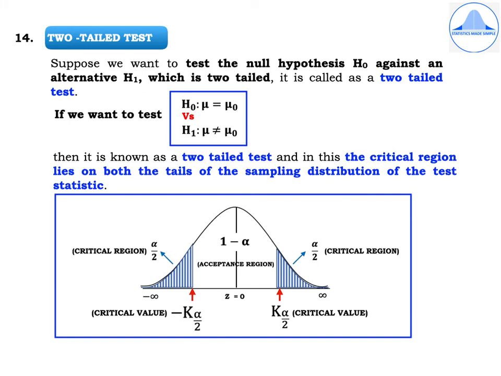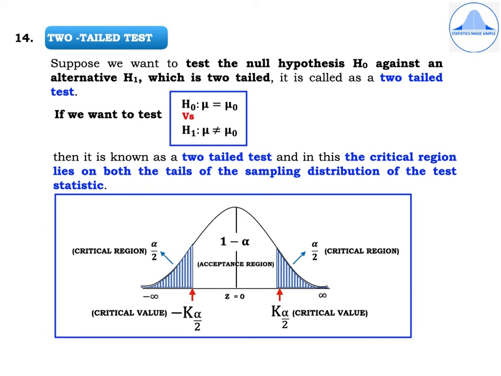The 14th definition is a two-tailed test. Suppose we want to test the null hypothesis H0 against an alternative H1 which is two-tailed. It is called a two-tailed test. For example, if I want to test H0: mu equal to mu naught versus H1: mu not equal to mu naught, then it is known as a two-tailed test, and in this case the critical region will lie on both tails of the sampling distribution of the test statistic.